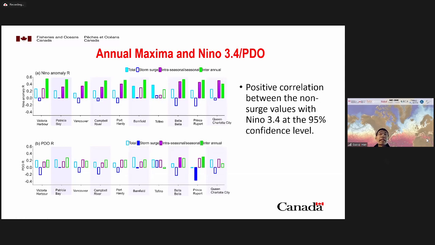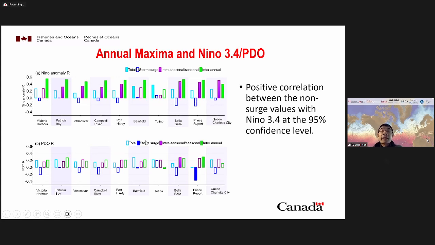And we further look at the potential contribution to extreme sea level from ENSO and from the Pacific Decadal Oscillation. Our results have already indicated ENSO is more robust, so we just focus on the relationship between the Nino 3.4 index and the extreme sea level.